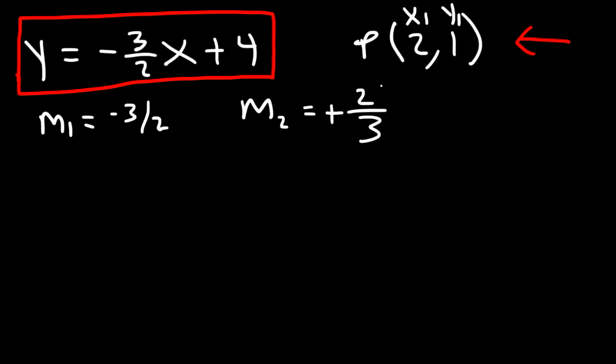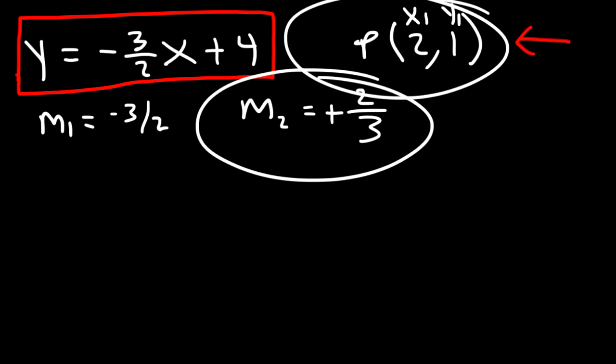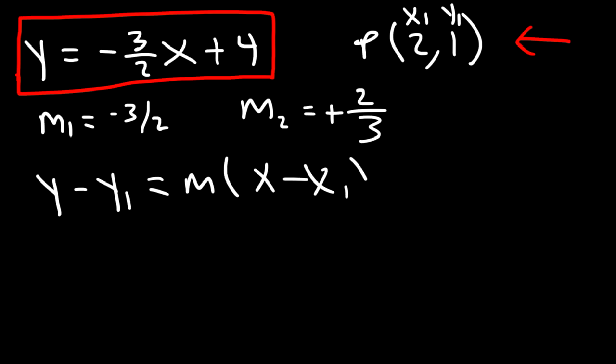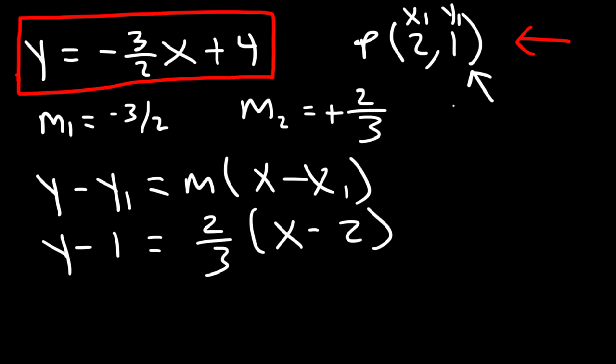So now we have the slope and the point that goes with it. Now we could use the point-slope formula to write the equation of the line. So we can see that y1 is 1, and m is 2/3, and x1 is 2. So now let's get the answer in slope-intercept form. So we need to get the y variable by itself on the left side.